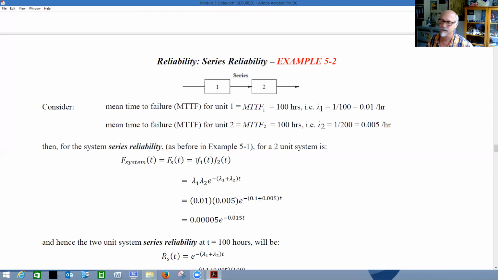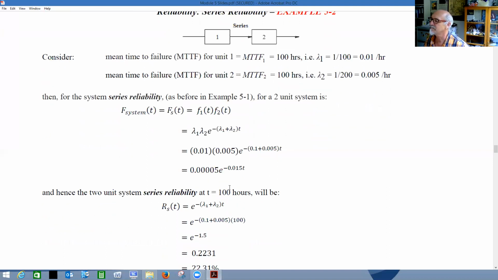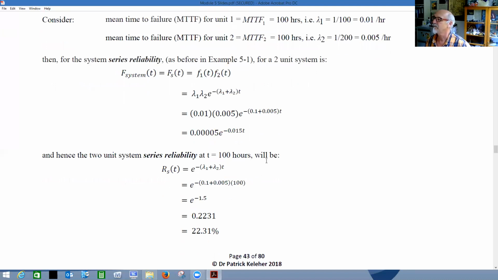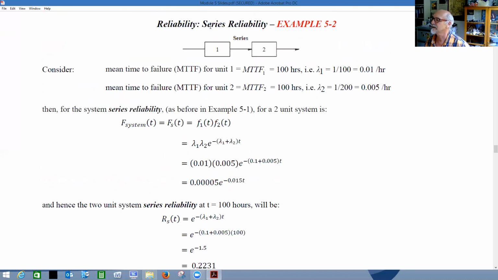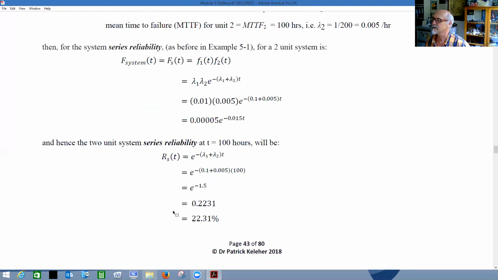Now I gave you those general formulas before, we derived them in that first example. So now we plug in numbers, and pretty much that'll enable us, whatever time it is, 10,000 hours, whatever the case may be, we can start putting in 100 hours, whatever the case may be. And then for the series reliability, it was of this particular mathematical form as we saw. So we can do a calculation. For this particular series setup, with these particular mean times to failure, we plug it in here.